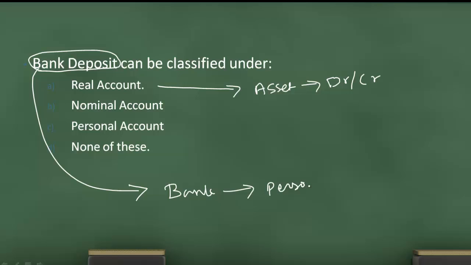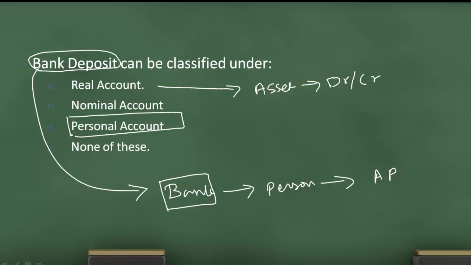Which person? Bank is an artificial person. So the bank deposit is the money with an artificial person called bank. So which classification deals with persons? It's basically the personal account classification. So bank deposit can be classified under personal account.